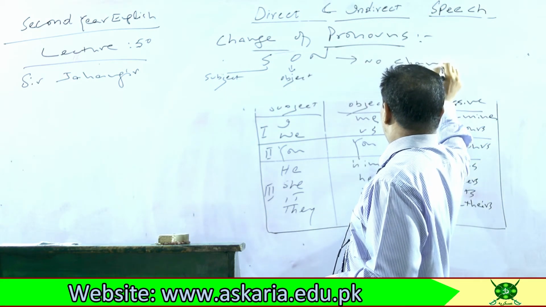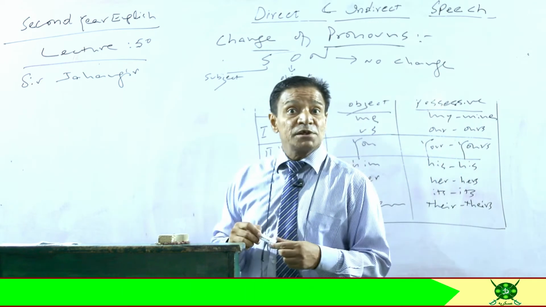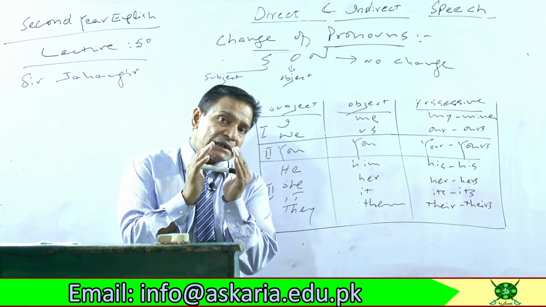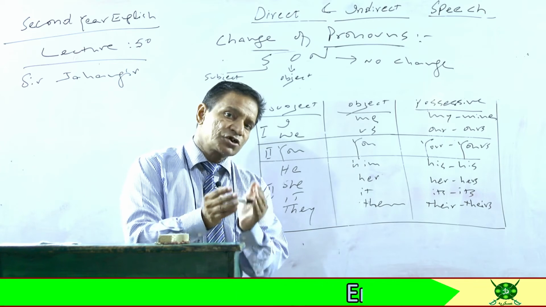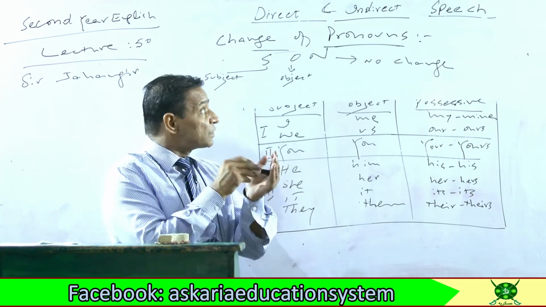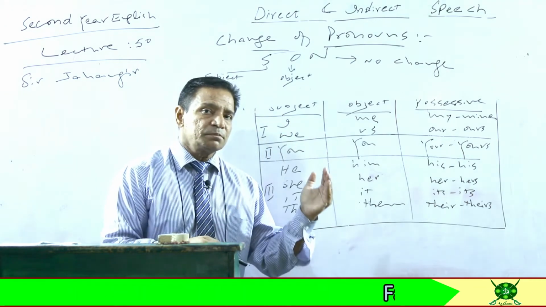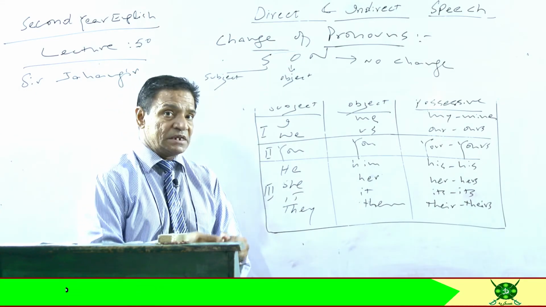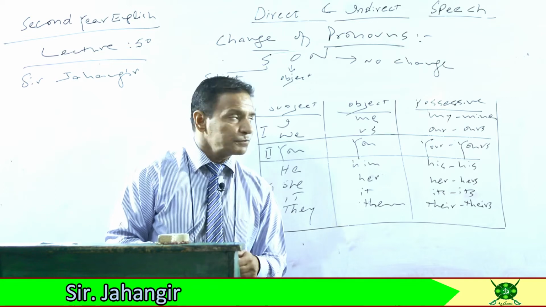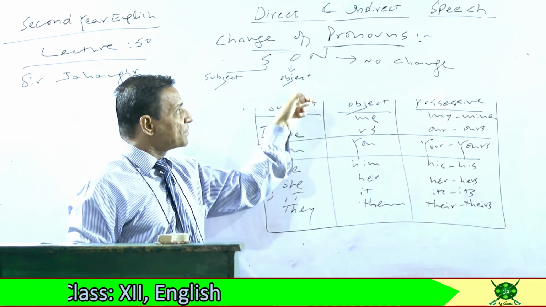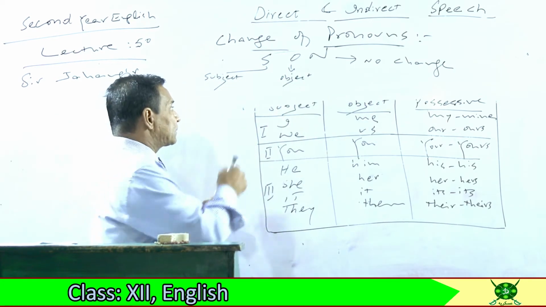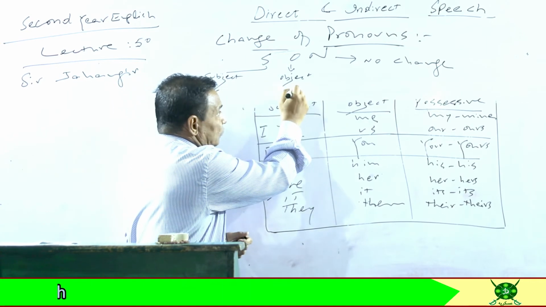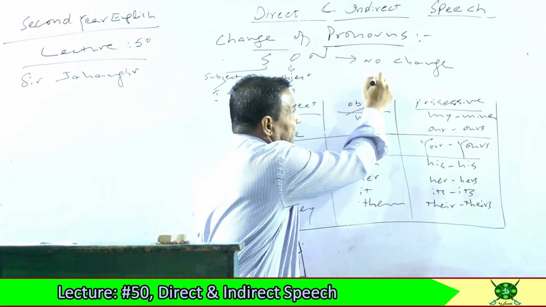To describe the change of pronoun from direct to indirect speech, some grammarians use this rule of SON so that it will be easy for students to understand. Subject, first person; object, second person; no change, third person.